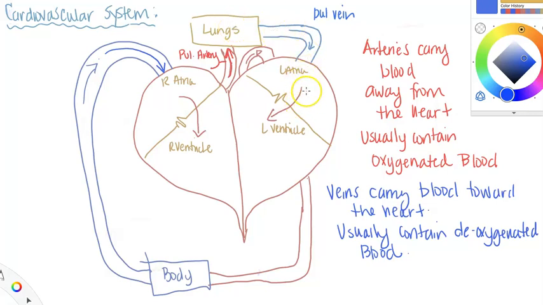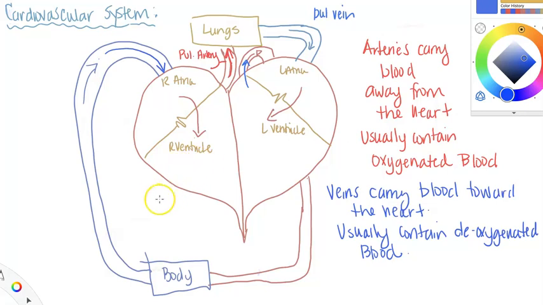So the left side of the heart then enters the atria and then goes down into the left ventricle and then is pumped into the aorta, which is an artery, and that is going to be oxygenated blood going away from the heart.